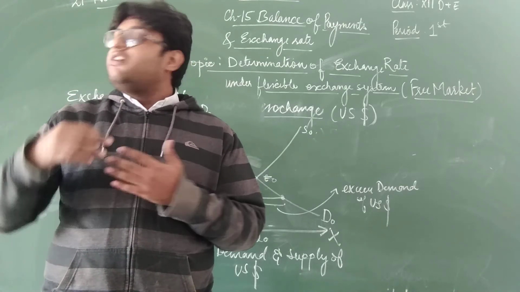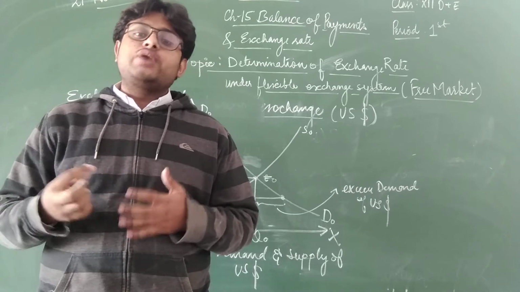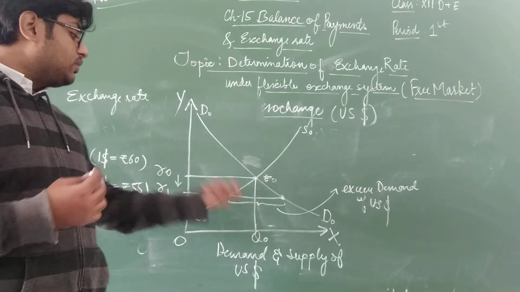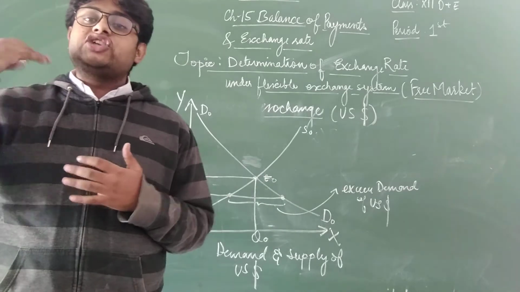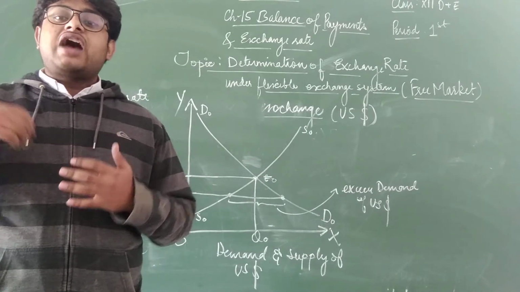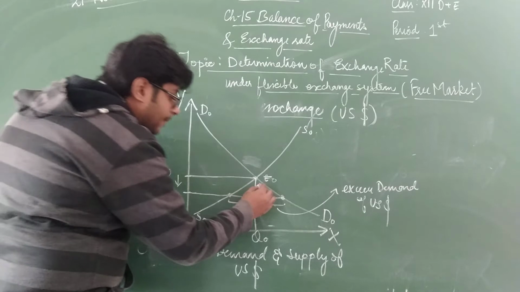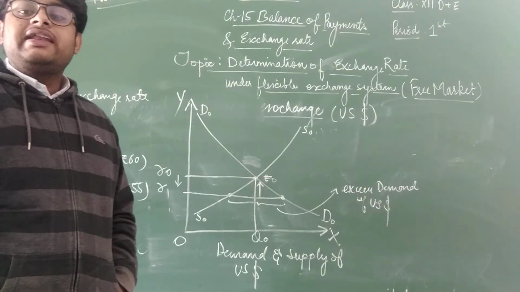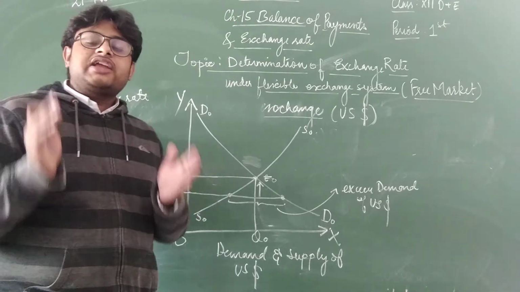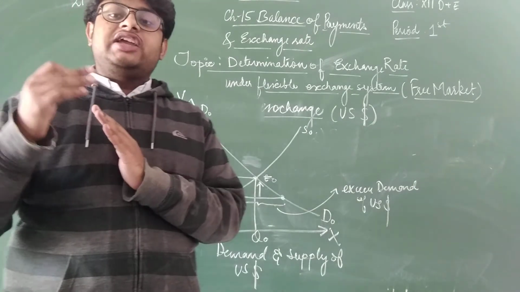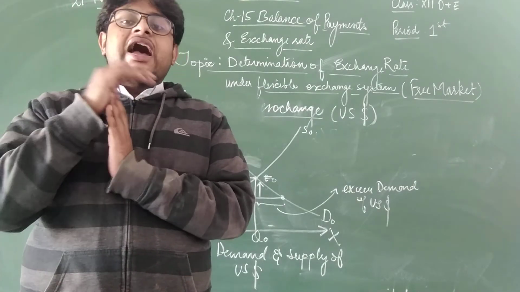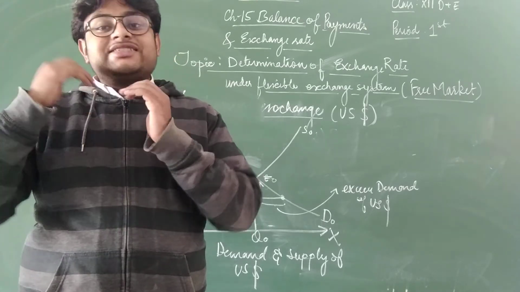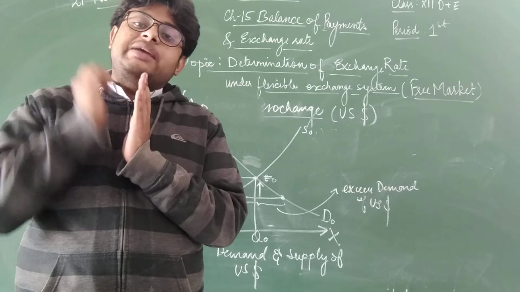Importers might say, we are ready to pay more, but we need US dollars. So the value of the US dollar will start appreciating. It will start increasing, and it will increase till equilibrium is again restored. If I am saying that the US dollar is appreciating, or its value is increasing against the Indian rupee, then understand that at the same time the value of the rupee is depreciating.